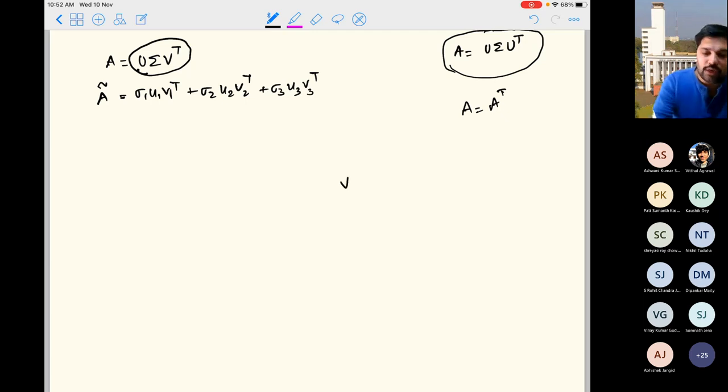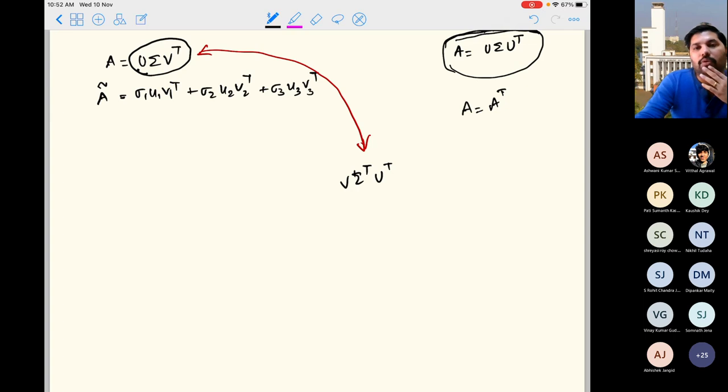So V transpose is V sigma transpose, and you have U transpose, and these two things should match basically. If that is to be matched, then you can use the properties of matrices, and in fact you can show that you will get the singular value decomposition of A in this particular type.